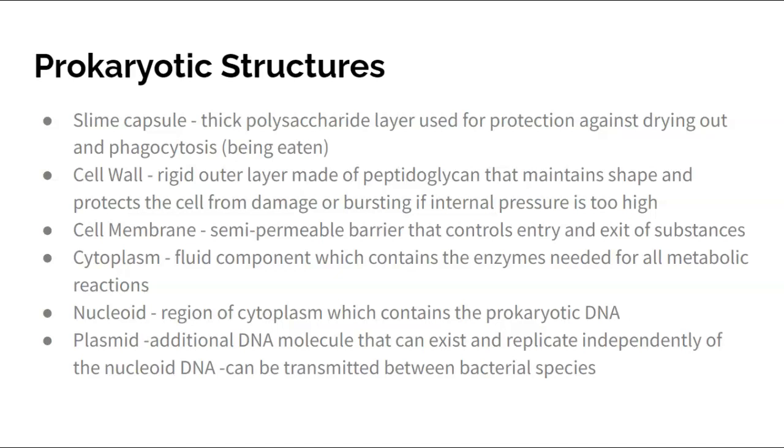So it can do new things without evolving over time. It's like a cheat sheet to learn new things. These are important structures that you should know and be able to annotate on a diagram. So please make sure that you know all of these structures.